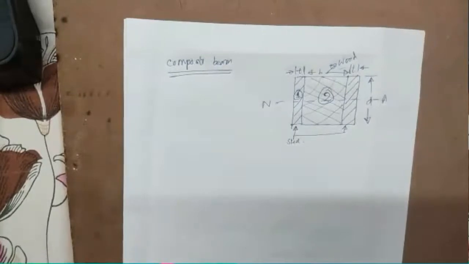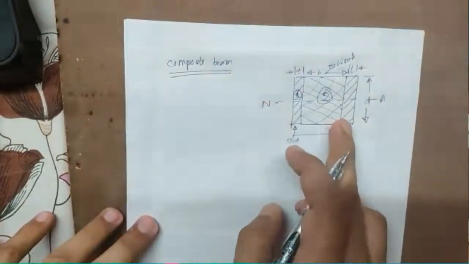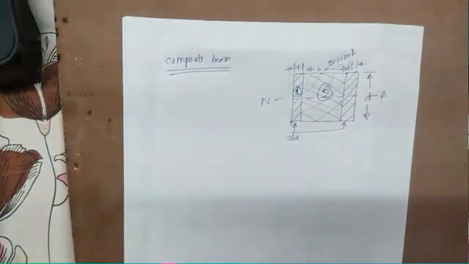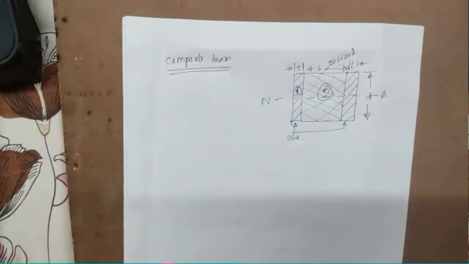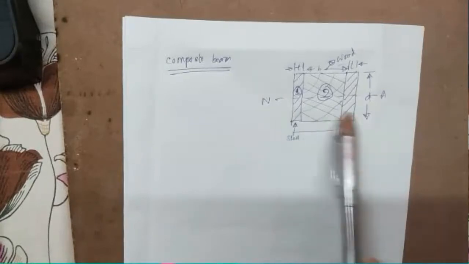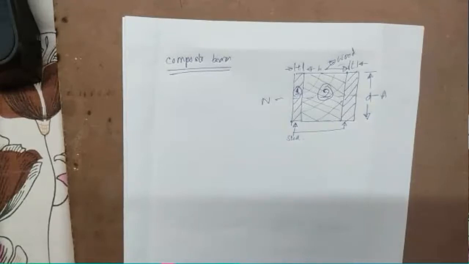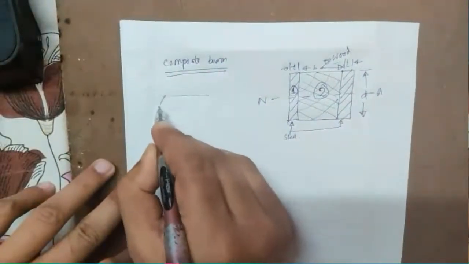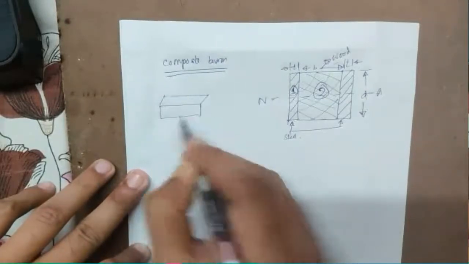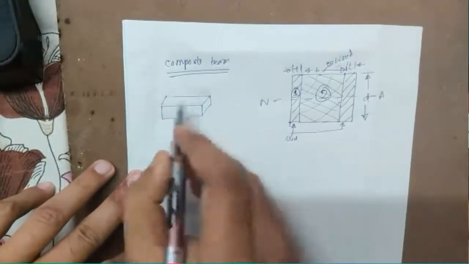As these two plates are rigidly fixed with the wooden beam, if they are bent by means of some bending stress, then the strain in all these three bars will be the same. So basically this is the cross section. It will look like this.